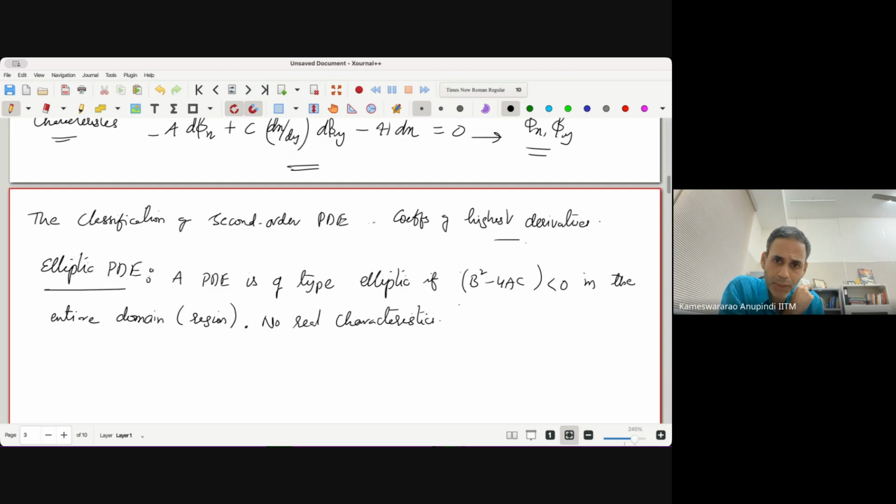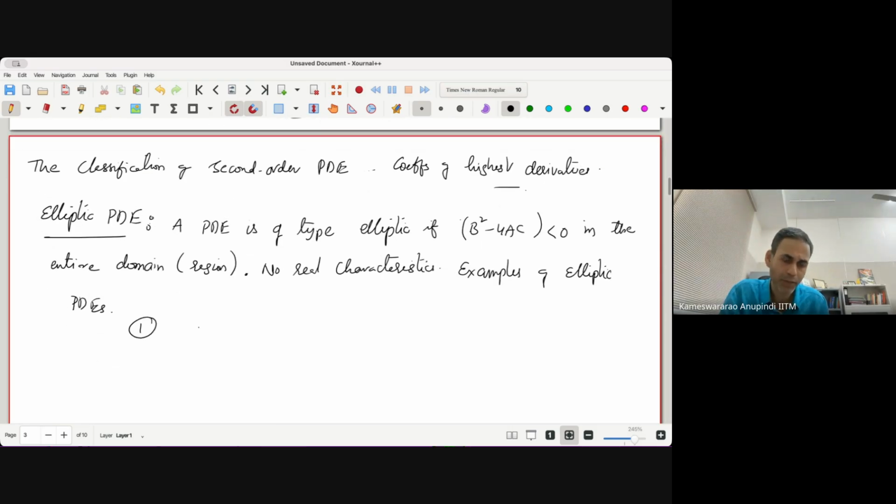And a few examples of elliptic PDEs. The first one is the Laplace equation. In 2 dimensions, I write it as dou square phi by dou x square plus dou square phi by dou y square equal to 0.